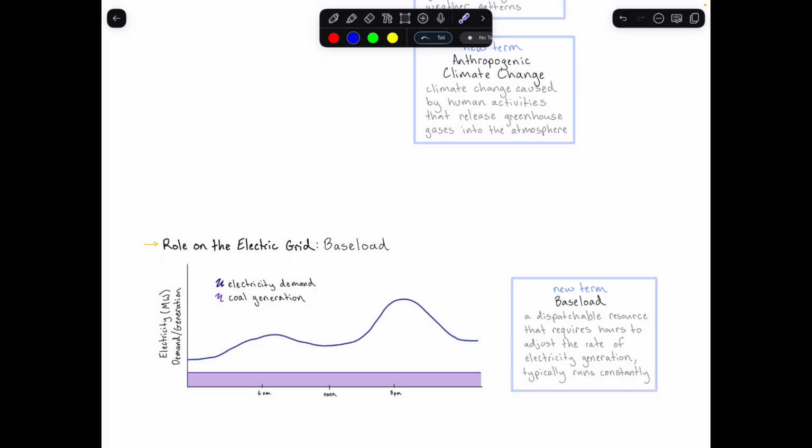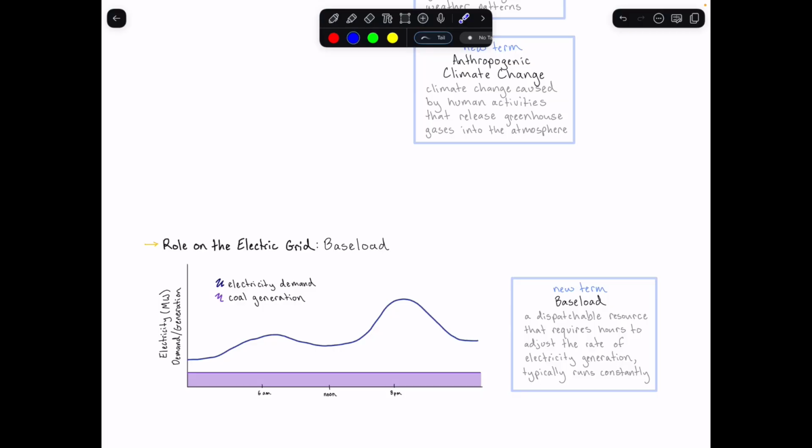So how are coal-fired power plants operated? When I say role on the electric grid, I am describing under what conditions and over what time period this type of power plant is used to generate electricity. So that's a lot of words that maybe didn't make sense to you, but let me try to explain it in simpler terms. Coal-fired power plants are very huge power plants.